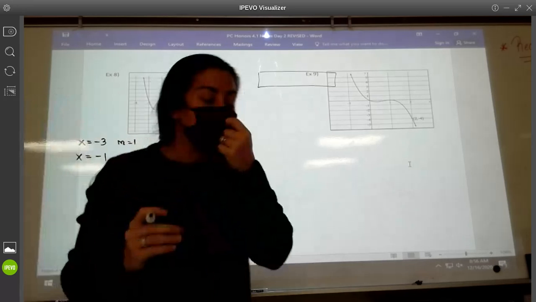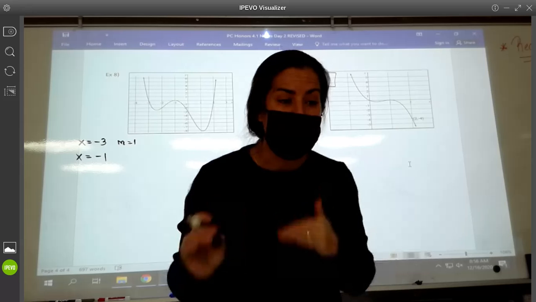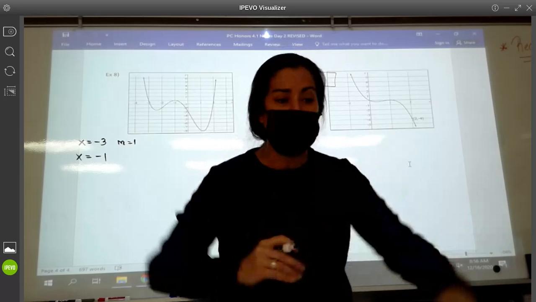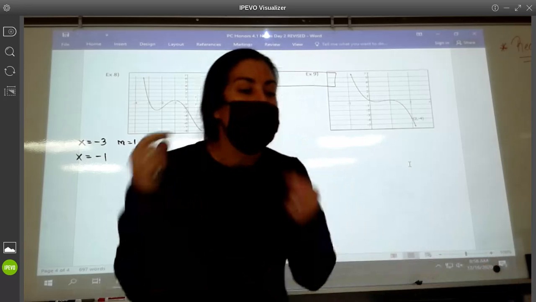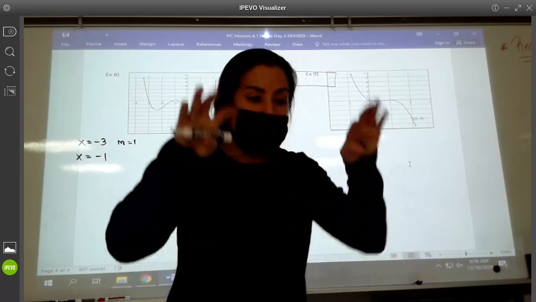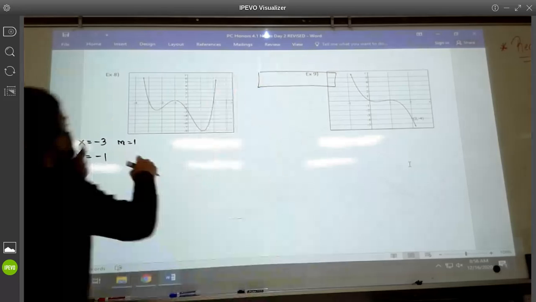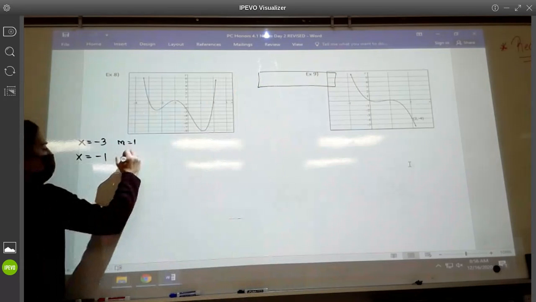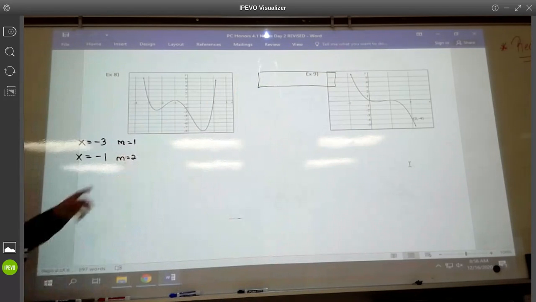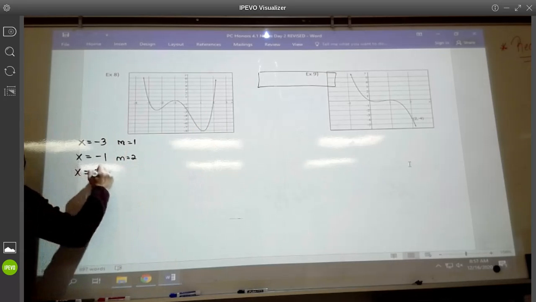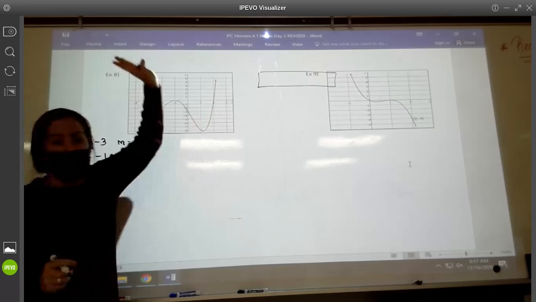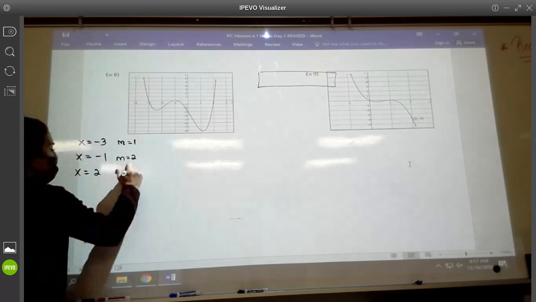It bounces, which means the multiplicity had to have been even. So it must have been multiplicity 2, or 4, or 6. However, the book will tell you to assume the lowest multiplicity possible. So the lowest multiplicity possible would have been 2. All right, and then it crosses at x equals 2, and look how it crosses, like normal, straight on through. So that's a multiplicity of 1.